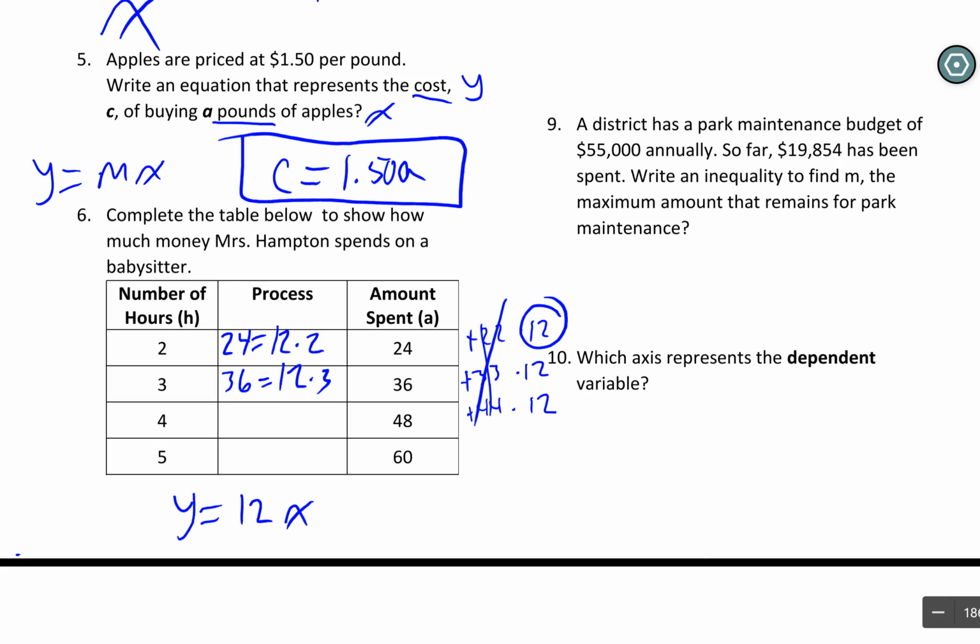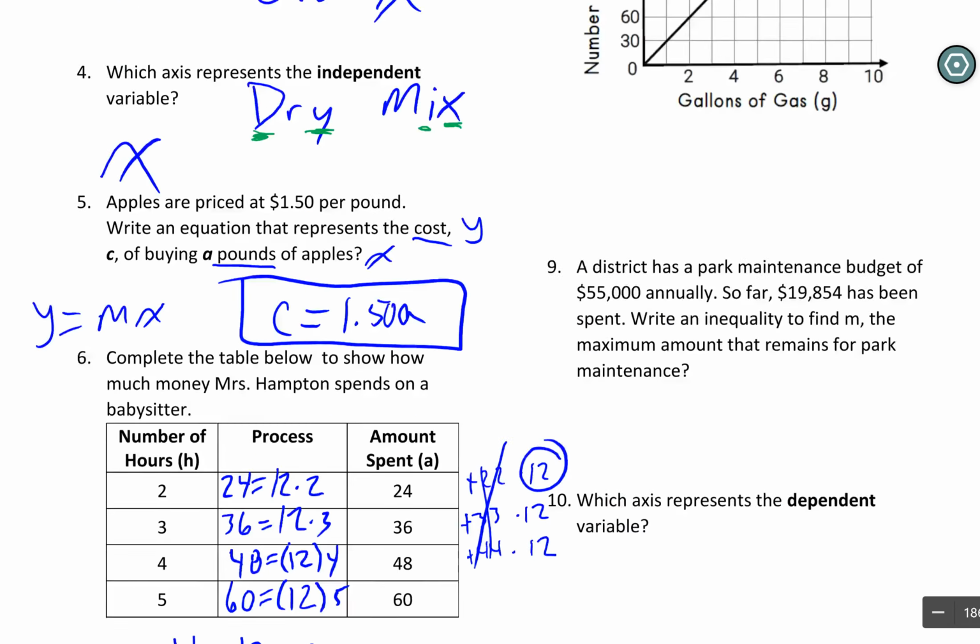Or I could say, well, if I found out that it's multiplicative, 48 equals some number times 4, 60 equals some number times 5. Well, what times 4 is 48? Of course, that's 12. What times 5 is 60? Of course, that's 12. So 2 ways of figuring out how to complete the table, and you can just use whichever one works best for you.